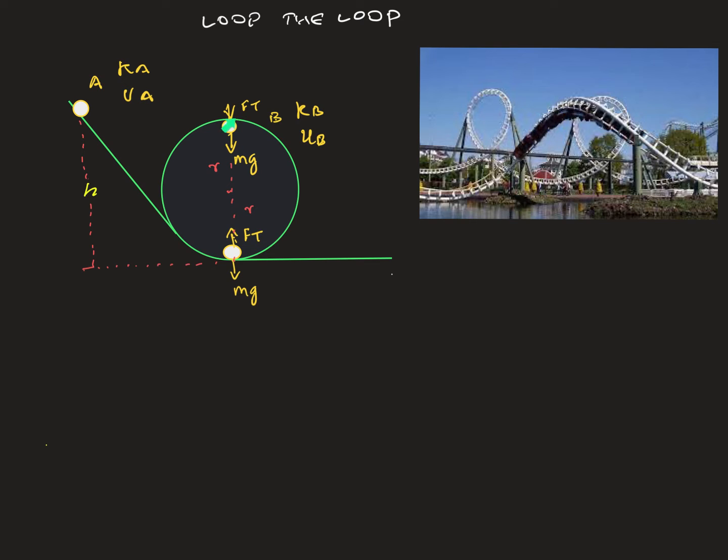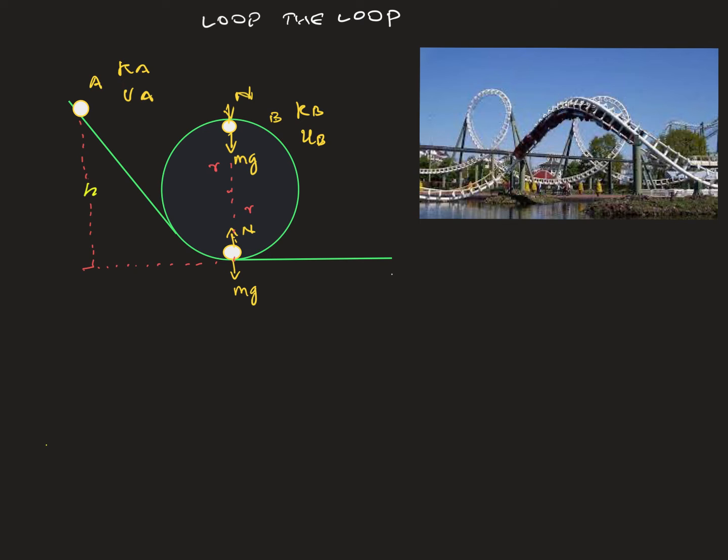If there's no normal force, that means the object is not in touch with the track. So we are going to find the minimum height by using the limit value, that is when N is 0. We're going to use N for the normal force. That makes sense. So we are going to find the minimum height by having N as 0.